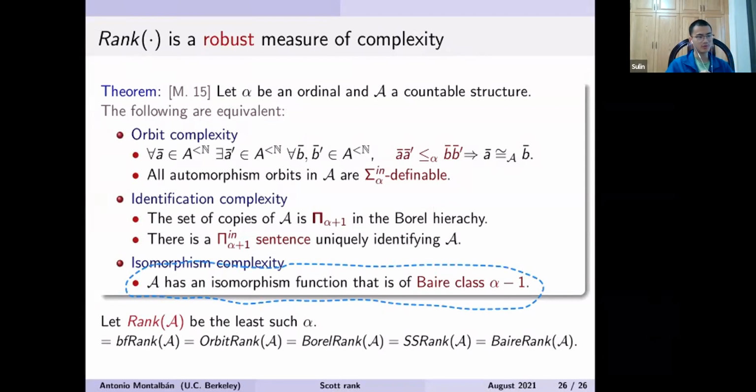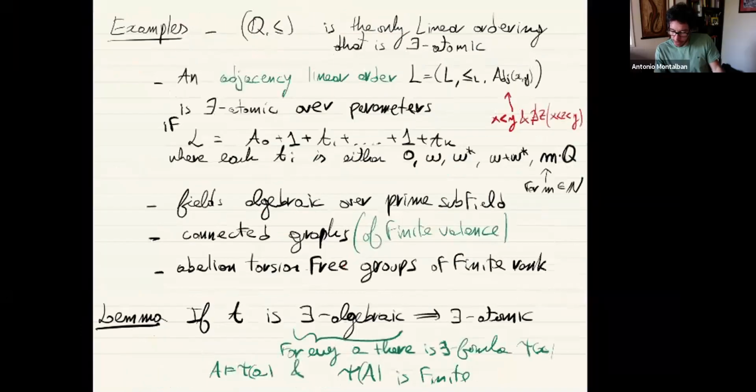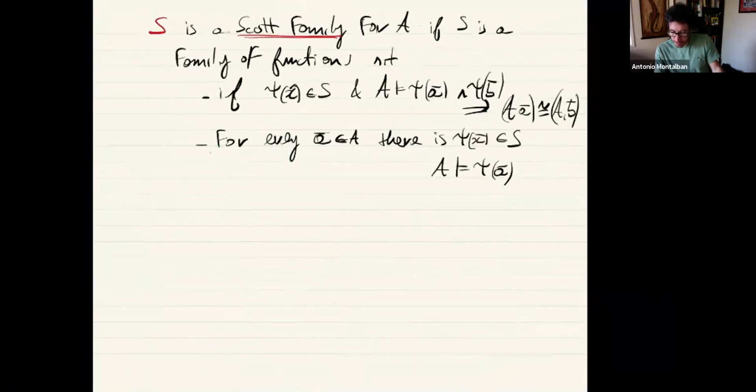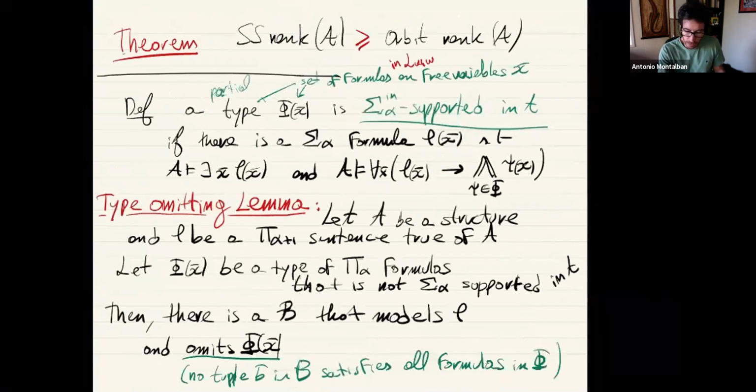Okay, so is the proof similar? The proof was about the Baire class, and the proof that you have presented is actually similar. No, it gets more complicated.